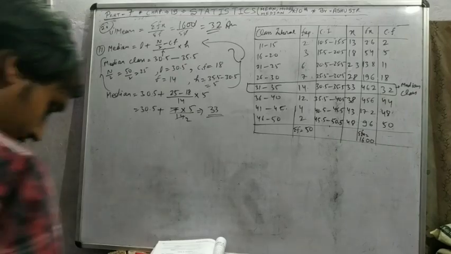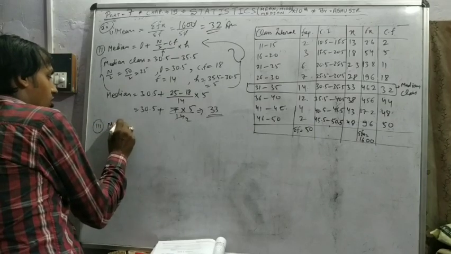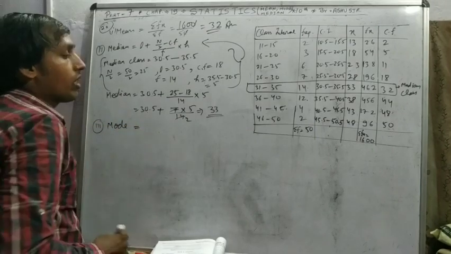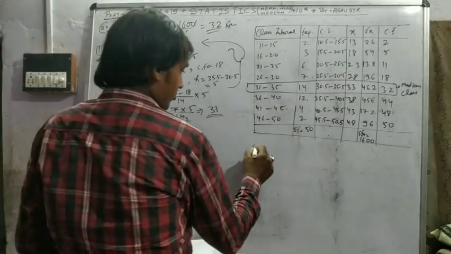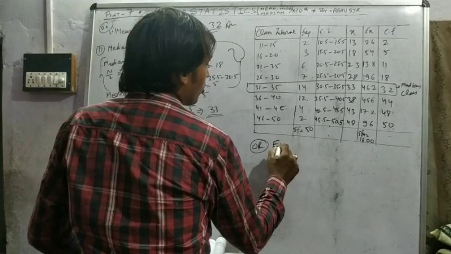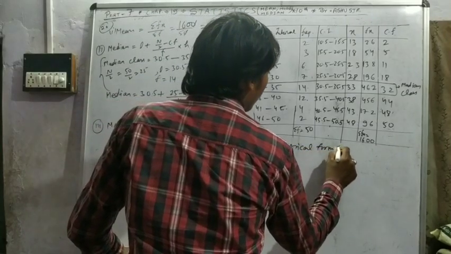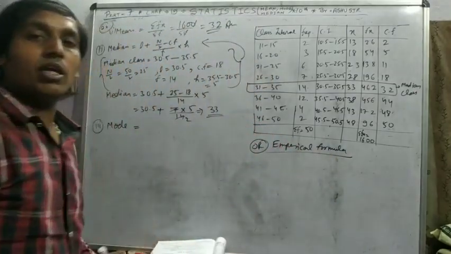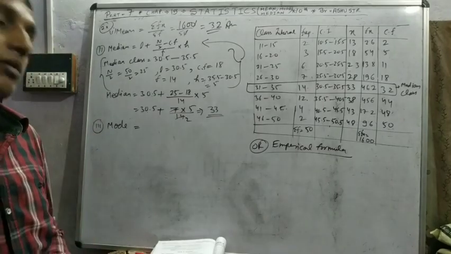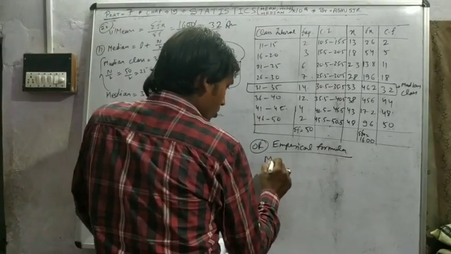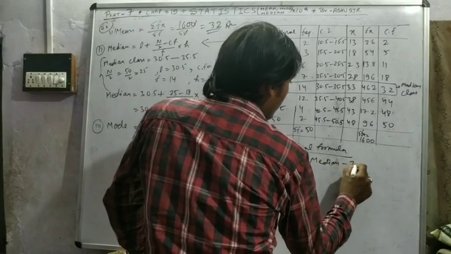Then we find the value of mode. You can find the value of mode by two methods. Firstly, you know the empirical formula, the relationship between the mean, mode and median: mode is equal to 3 median minus 2 mean.